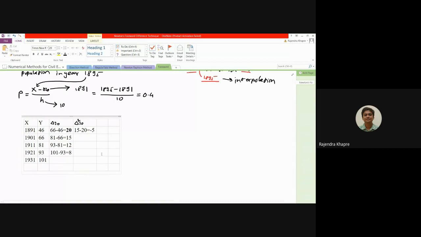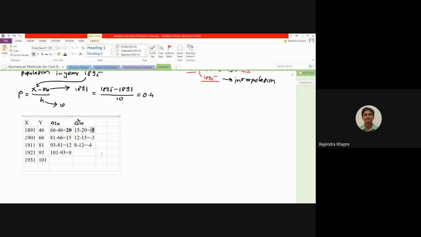What should I write over here? 12 minus 15. So that comes out to be minus 3. And what should I write over here? 8 minus 12. So it comes out to be minus 4. So this is delta square y0.